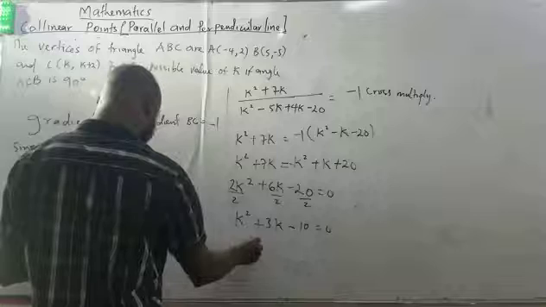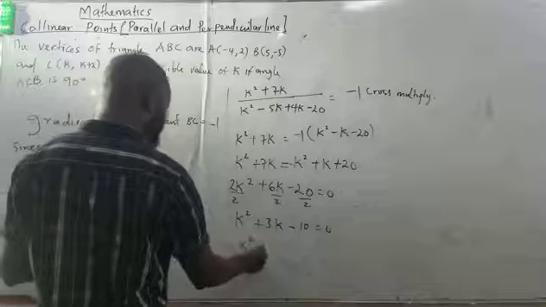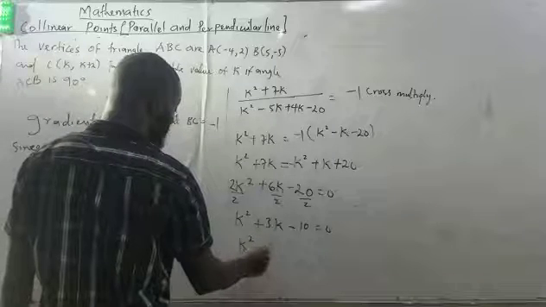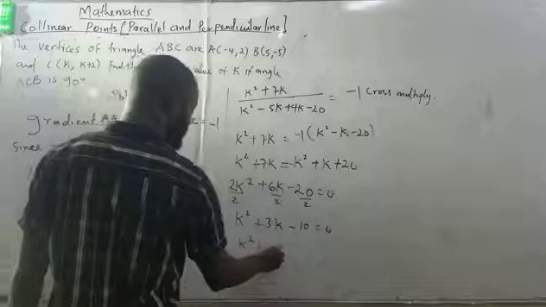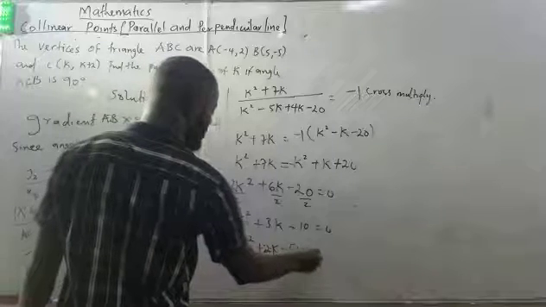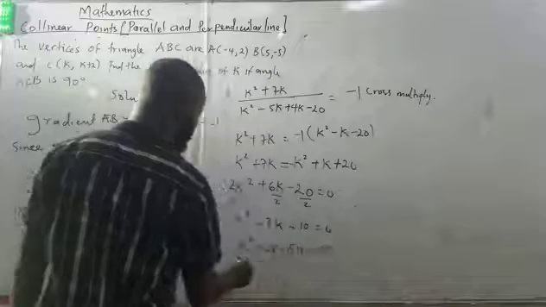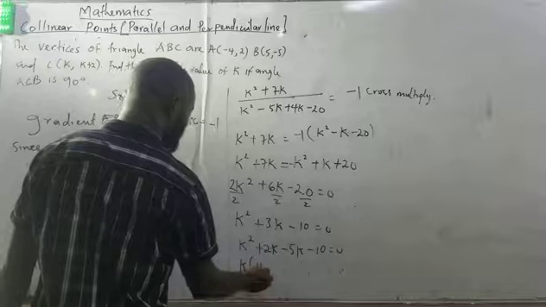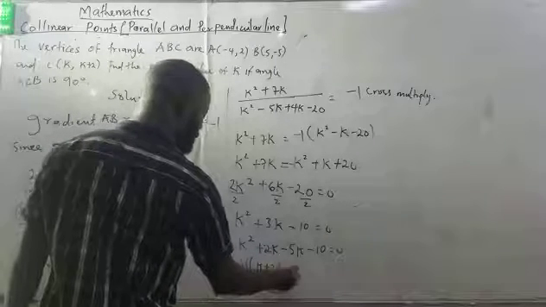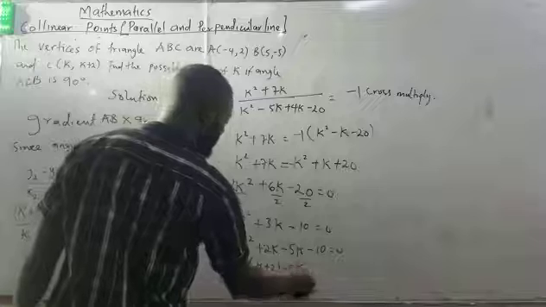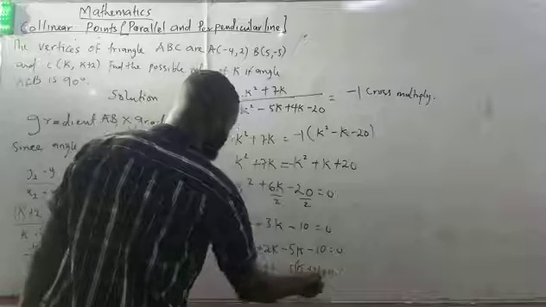K squared plus 2k minus 5k minus 10 equals to 0. I'll be having k bracket of k plus 2 minus 5 bracket of k plus 2 equals to 0.